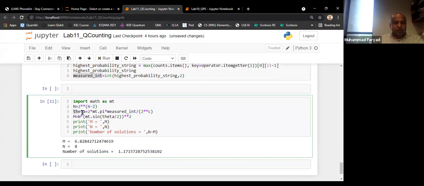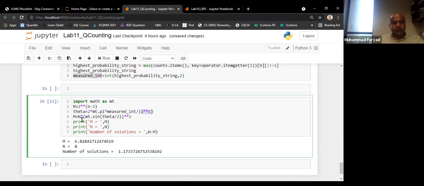And then I'm computing theta, which is 2 pi. So I'm calling this another package, math as MT. You can also use numpy if you like. So 2 pi into Meyer integer divided by 2 power c.